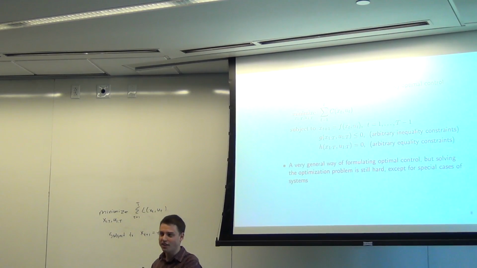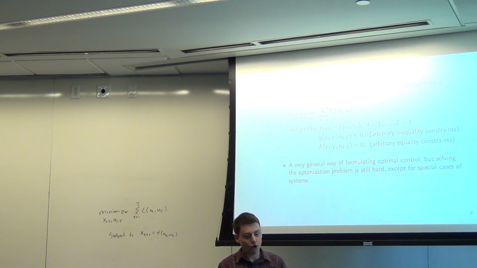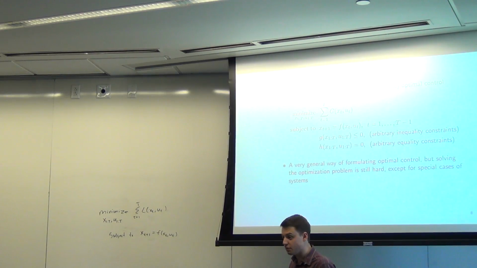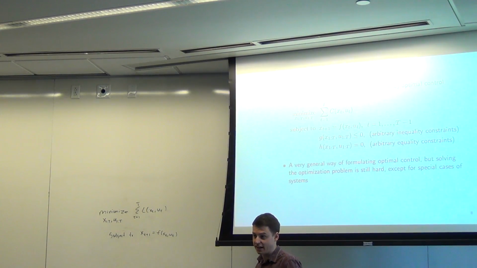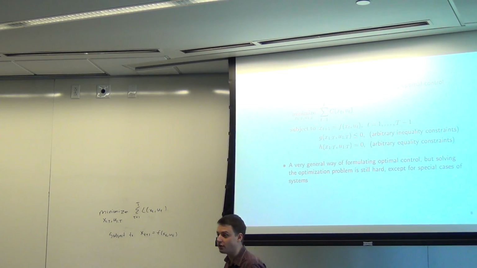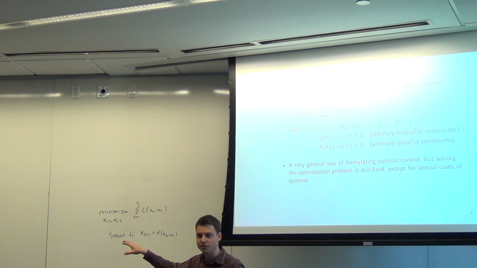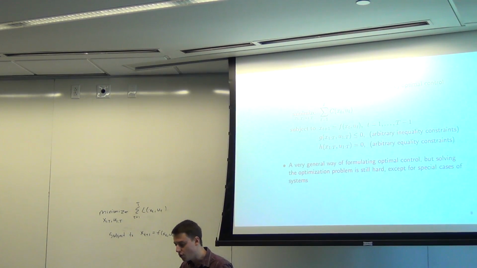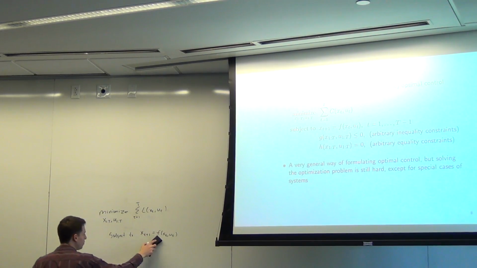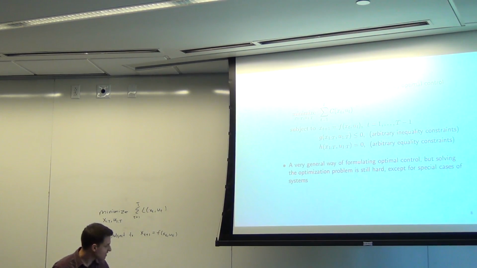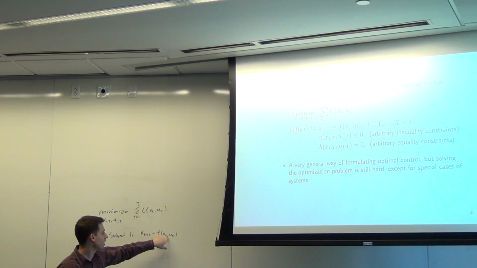The problems where things are non-convex were the hard problems. So the only way for an equality constraint to be convex is if it's affine. It has to be linear, or linear plus some constant term. So the only way this dynamics constraint could be convex is if this is actually a linear function of x_t and u_t.